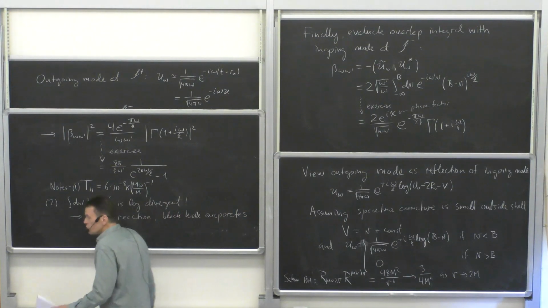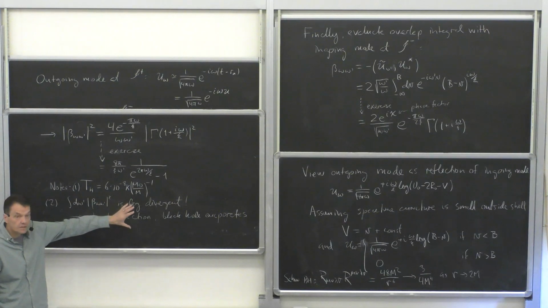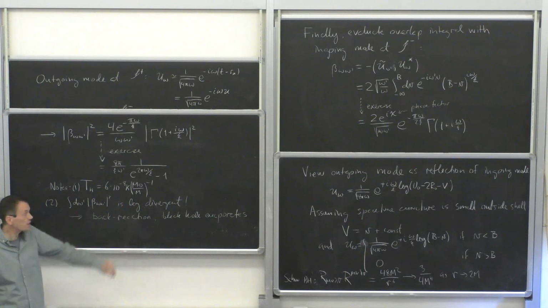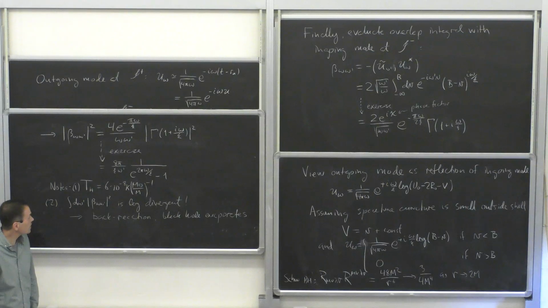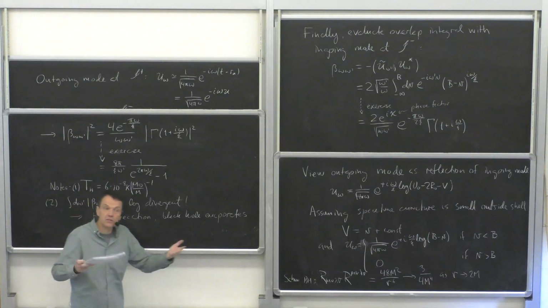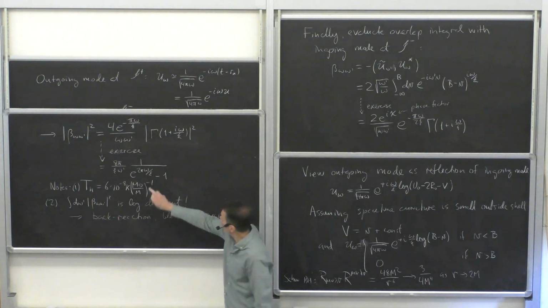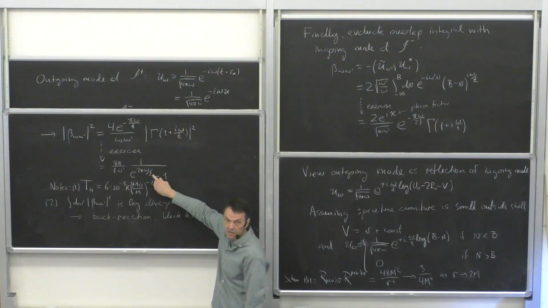Okay? This we can systematically include in a two-dimensional toy model, which I hope to show you tomorrow how that works. In 4 dimensions, we actually don't know how to do that. There, what people do is simply put it in by hand. They take this result and say, well, the evaporation is a very slow process. So at any given time, you can take this and let Xi evolve as the black hole loses mass.